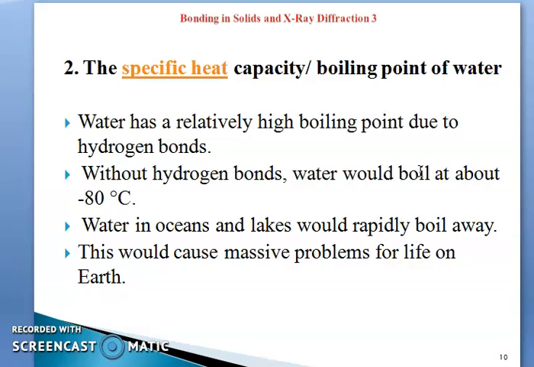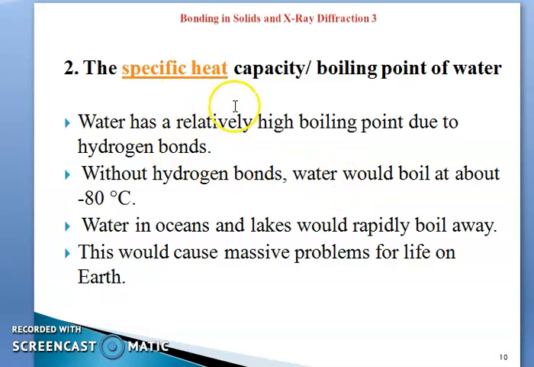Imagine, if water boils at minus 80 degrees Celsius, then what happens? The water stored in the seas, in the oceans, may get evaporated, and what happens? There is a lot of scarcity of water on the earth. So water in oceans and lakes would rapidly boil away.